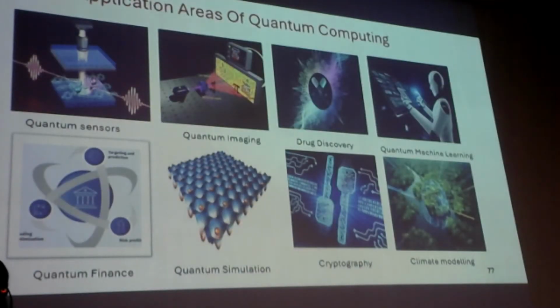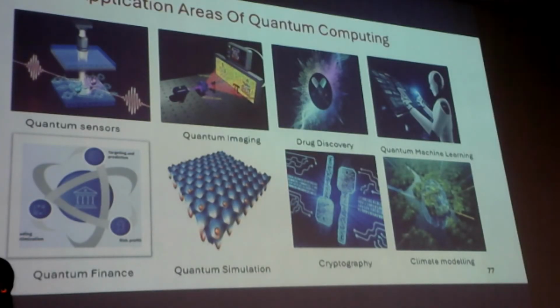As for applications, it has a number of applications: quantum sensing, quantum imaging, like we have now MRI and all those things, again huge amounts of data. Drug discovery and healthcare, where quantum machine learning and quantum deep learning algorithms are used.